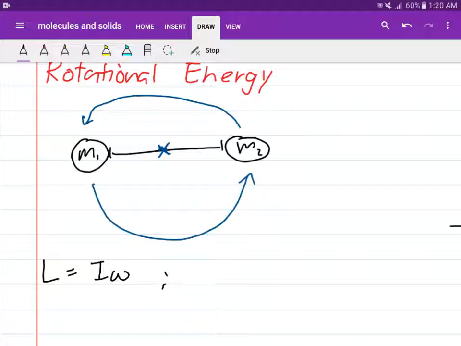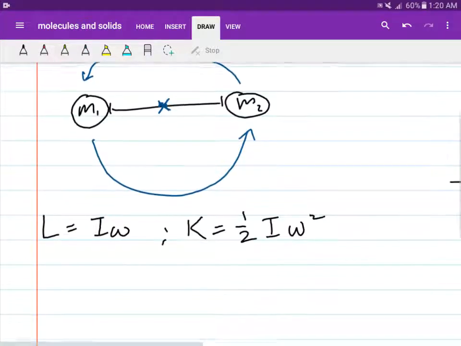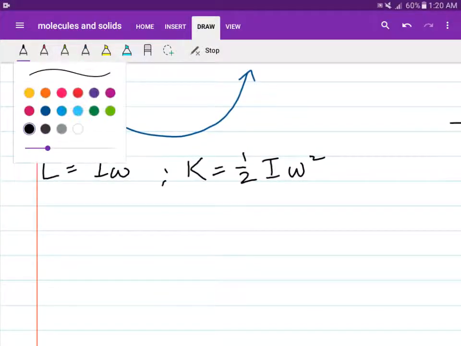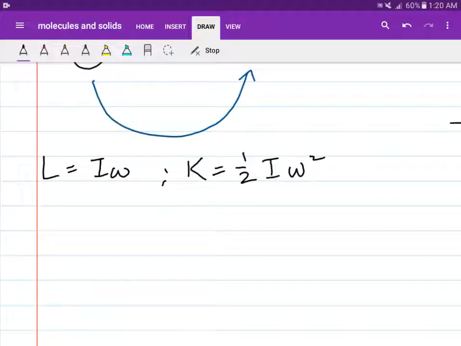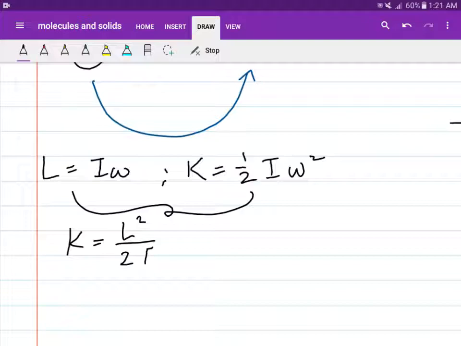Its kinetic energy, meanwhile, is given by K equals 1/2 I omega squared. If we combine these two equations, the kinetic energy is equal to L squared over 2I.